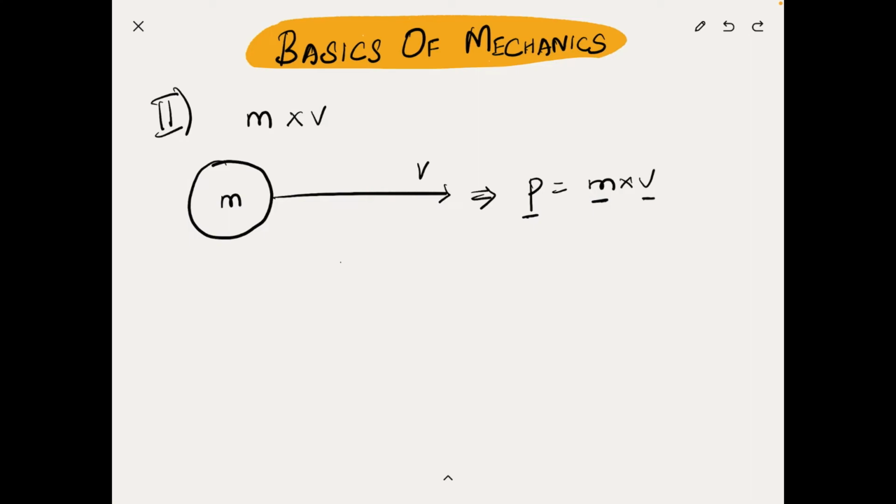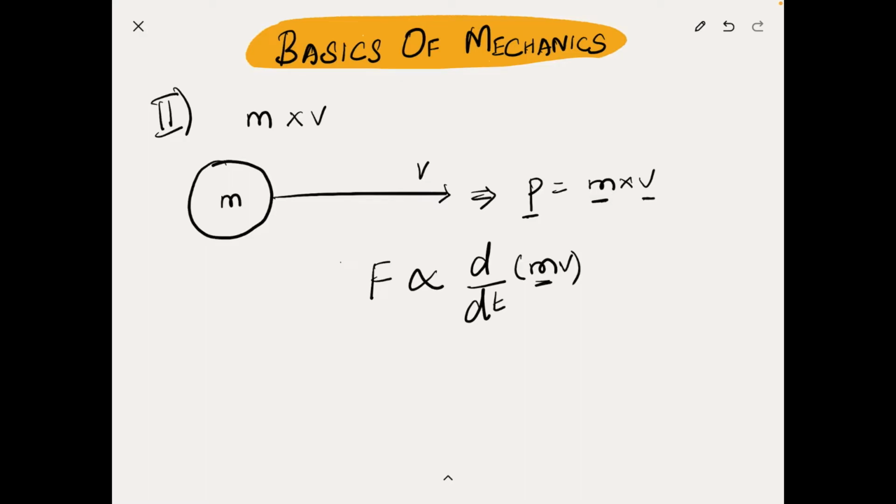Now, with that said, what does momentum have to do with force? Newton says the force applied on a body to make it move is always proportional to the rate of change of momentum of the moving object.